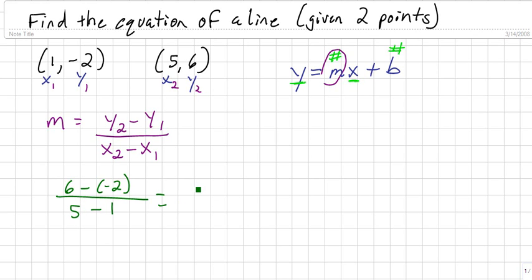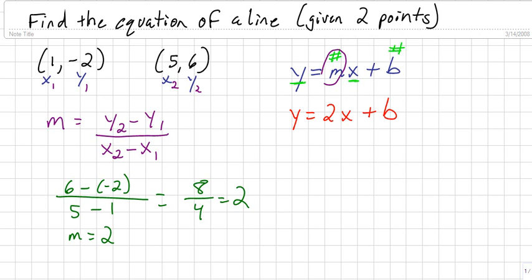So 6 minus a -2 ends up being 8 over the quantity 4, which simply equals out to 2. So 2 essentially equals my slope. I have a slope of 2, so I can put that in right now because I know that's going to be part of the equation. So now I have y equals 2x plus b.